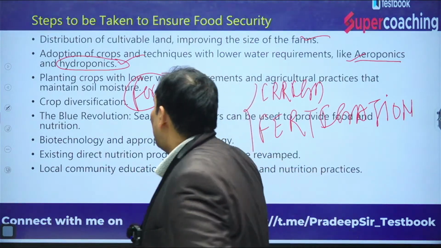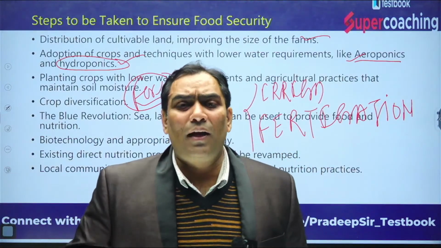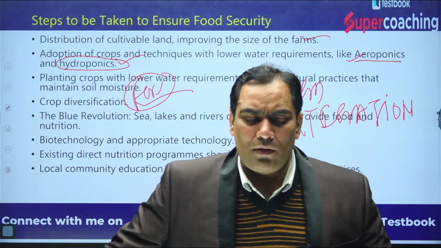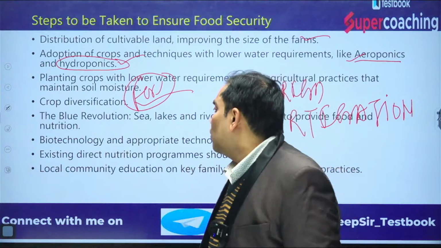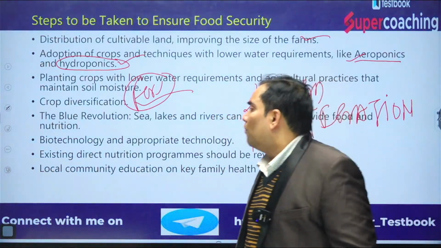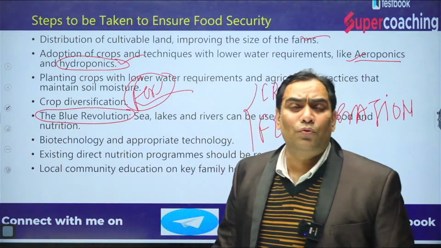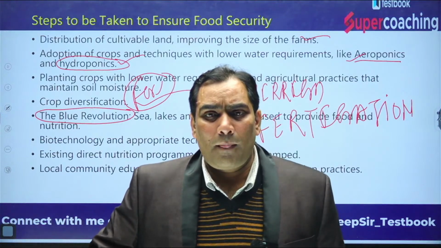We can have crop diversification. That means we can cultivate different crops, which increases the soil fertility. We can use the blue revolution, that means for nutritional needs we can use seafoods.